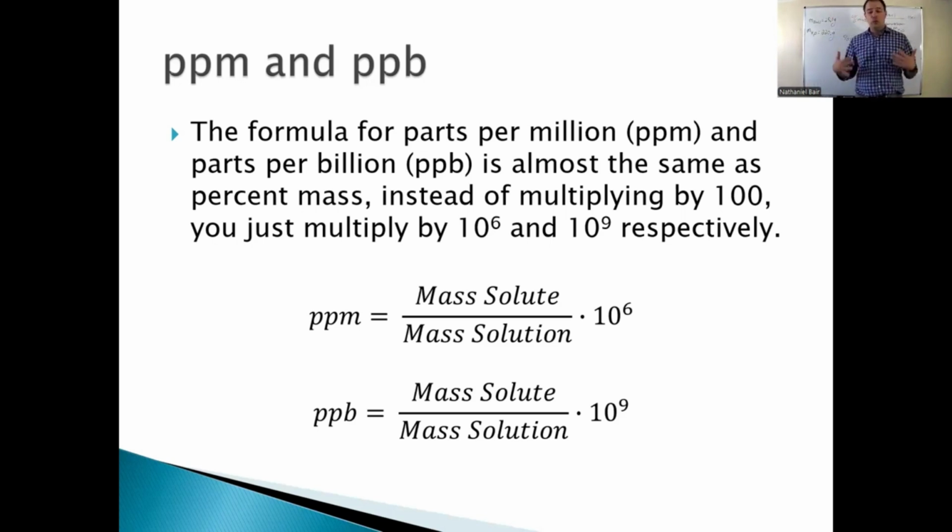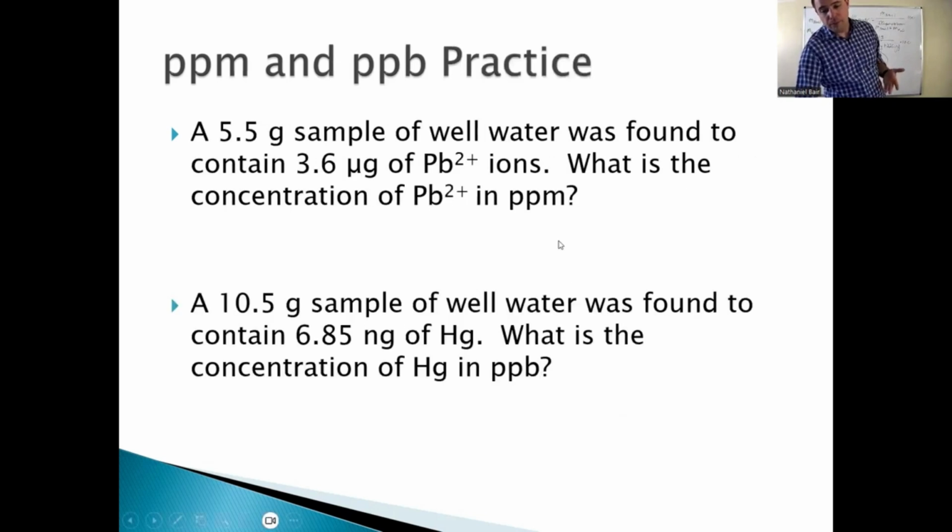And if you have a really, really small amount of solute, then maybe you want to do parts per billion, where you just multiply by a billion at the end. So these problems are actually pretty easy. You just use the percent mass formula and then multiply by a million or by a billion. So why don't we give these a shot?